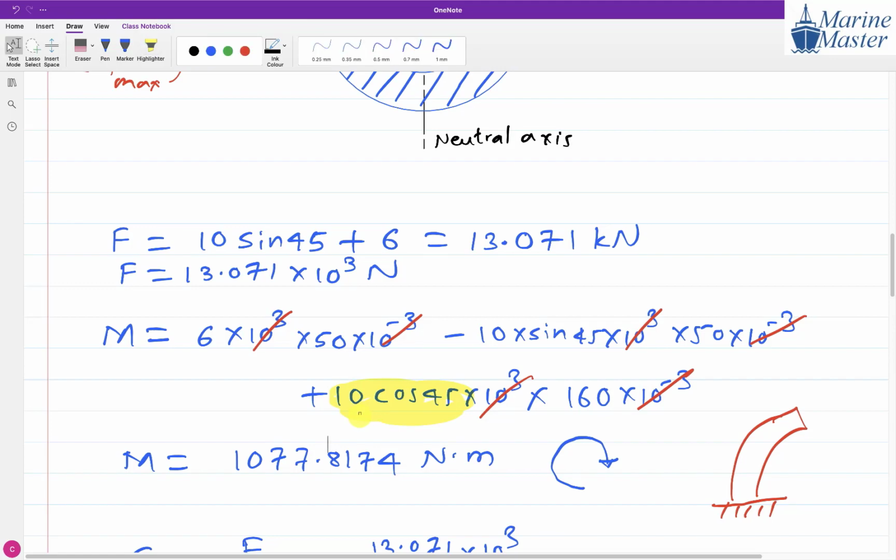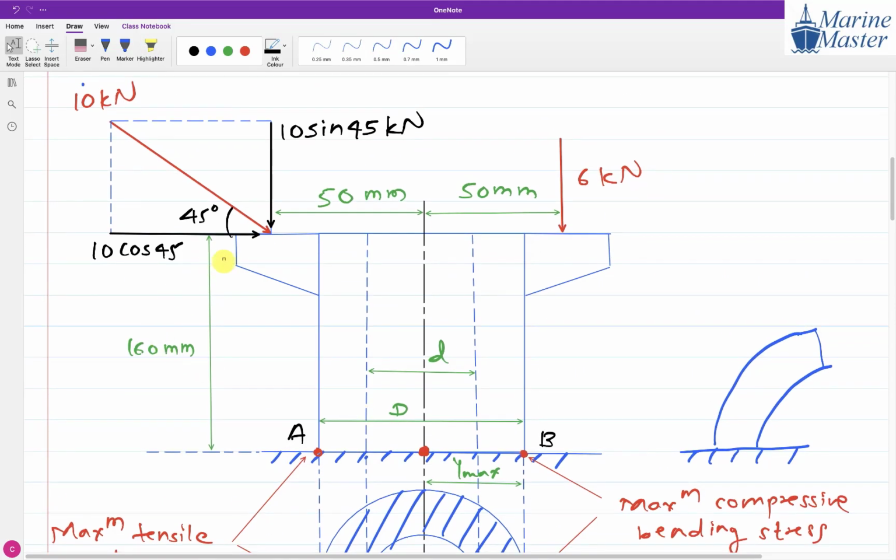Because this 10 cos 45 is not creating any decrease or change in the length of the column. It is creating only moment. It is going to create only bending moment. So that's why we consider only bending calculation. This 6 kilonewton creates two effects: bending as well as compression.